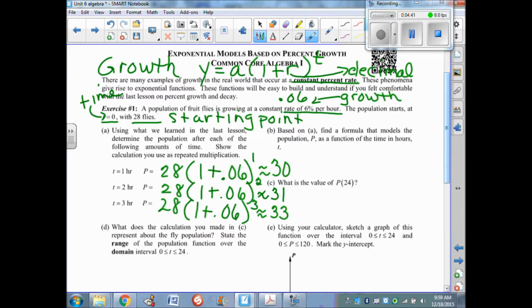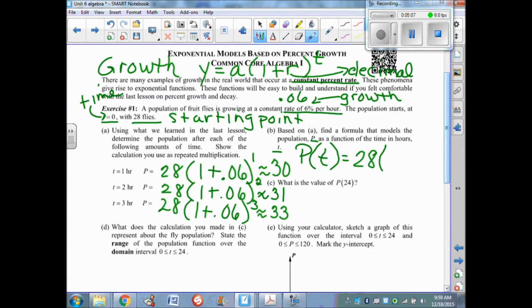So part B says, based on A, find a formula that models the population P. Well, we already did that because I was too excited to kind of walk us through that. But we'll change what we use to P's and T's. So the population P of t, as our time, is equal to, what did we start with? There's our initial amount.